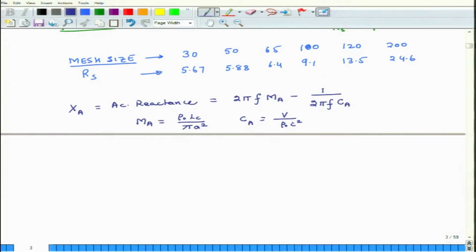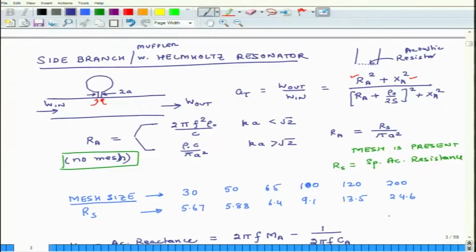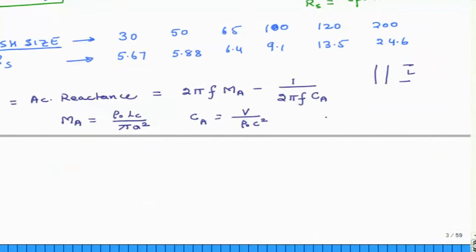And what is L C? So, if the tube is L long, L C is the effective length of the tube, and that is equal to L plus L A plus L B.